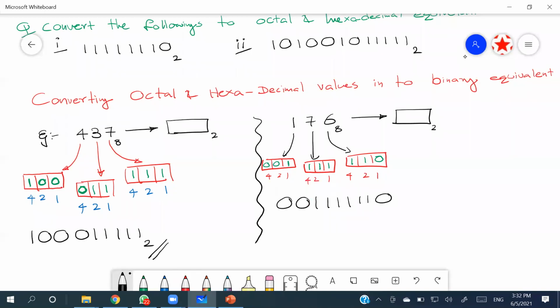And in here, we can forget these 2 zeros because those are the zeros at the most significant positions. Right? So the final answer, we can write as 1, 1, 1, 1, 1, 1, 0 in binary.